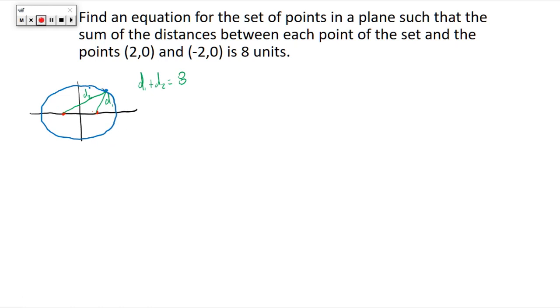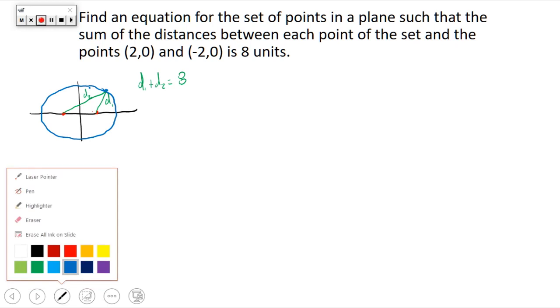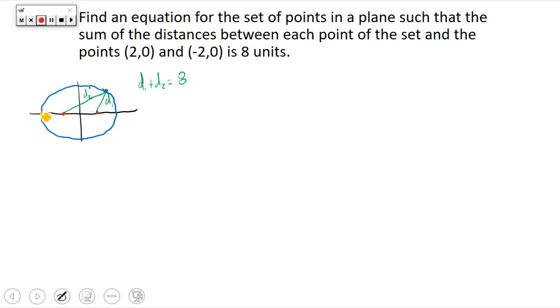In fact, we found out, because we assumed, what if we had a point right here? We defined this length here as a, and said that if d1 plus d2 is some constant, then this distance here was c, and this distance here was c. So we went all the way from there to there, and then back to here.